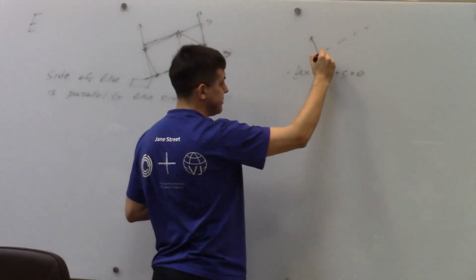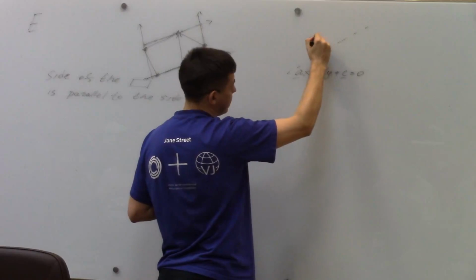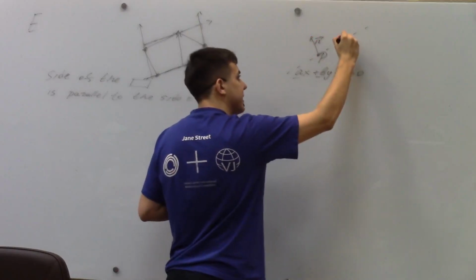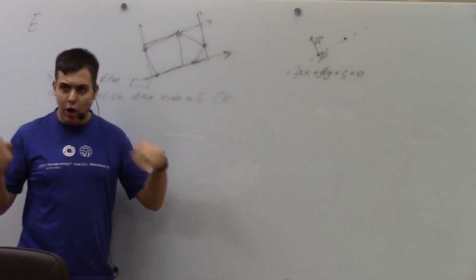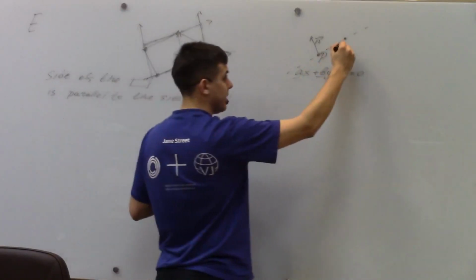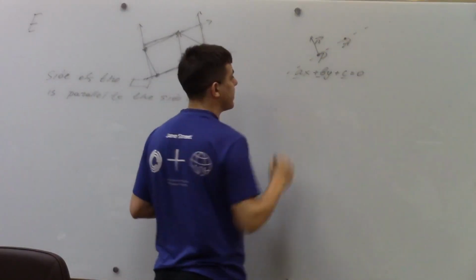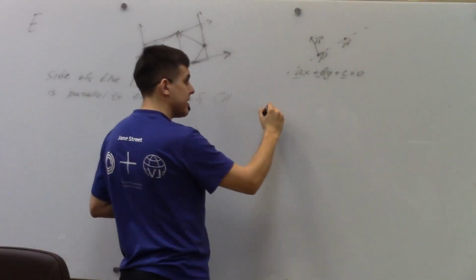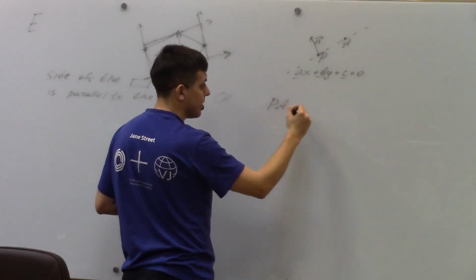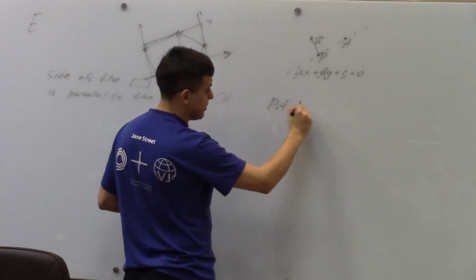There is some point P and the normal vector n, and the line is all such points A such that PA is perpendicular to n.